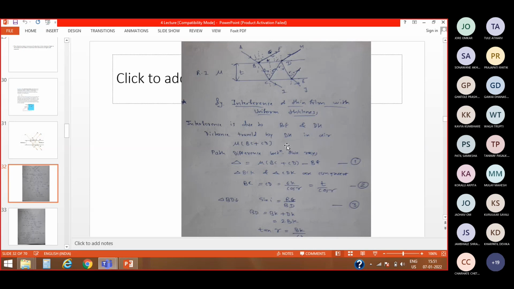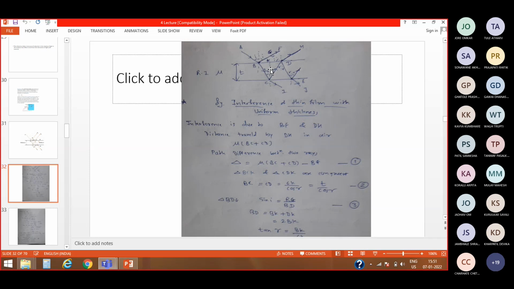Now consider triangle BCK. K is the midpoint between B and D. So I got the two triangles BCK and CDK. Both the triangles are equal, that is, congruent.